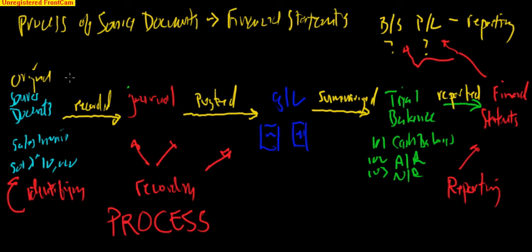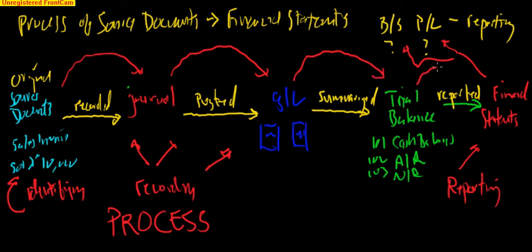It's how it moves from here to there, to there, to there, to there. It's all systematic. There's a method to the madness. There's a flow from an original source document, recorded in a journal, posted to a general ledger, summarized in a trial balance, reported in the financial statements.